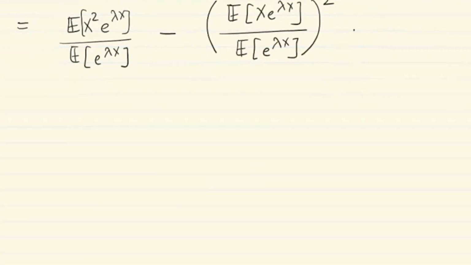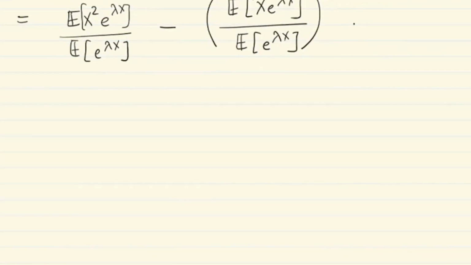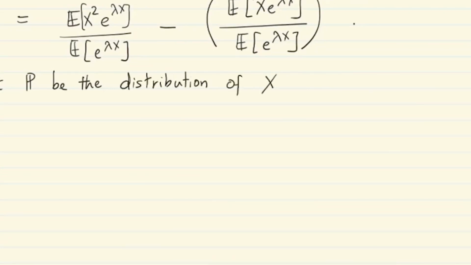So now we'll do something non-trivial. Let P be the distribution or probability measure of the original random variable X. Let's define a new probability distribution Q on the same space of values that X takes, using the following formula.